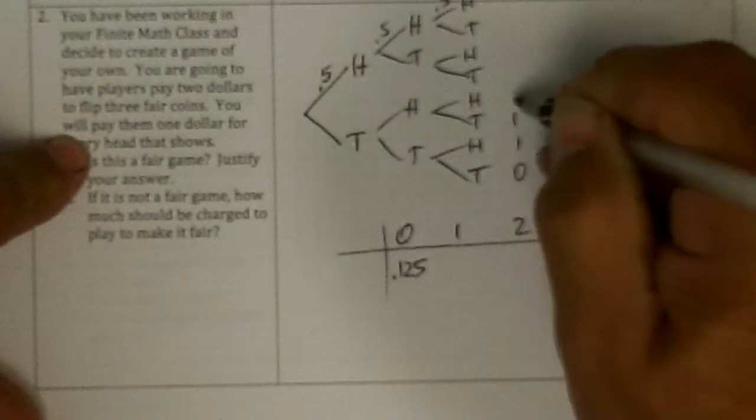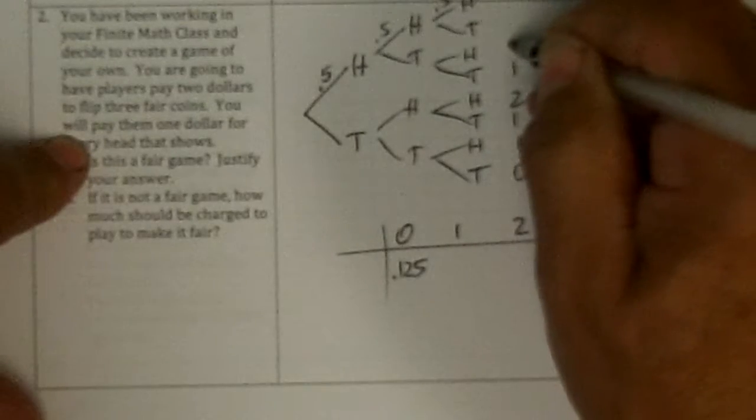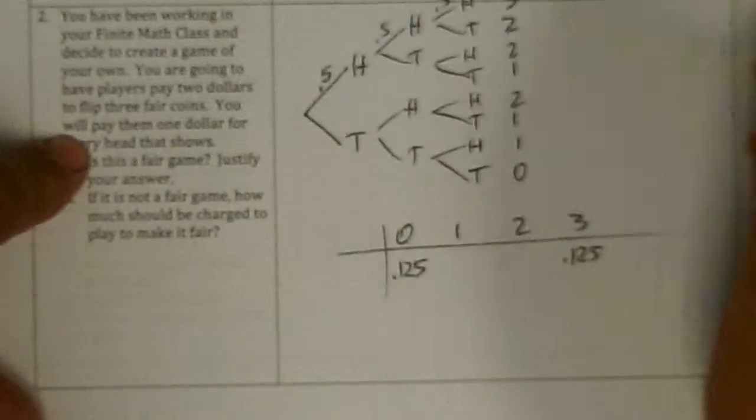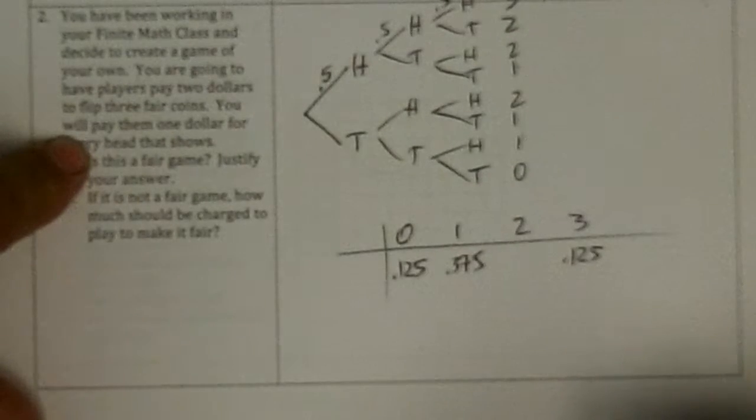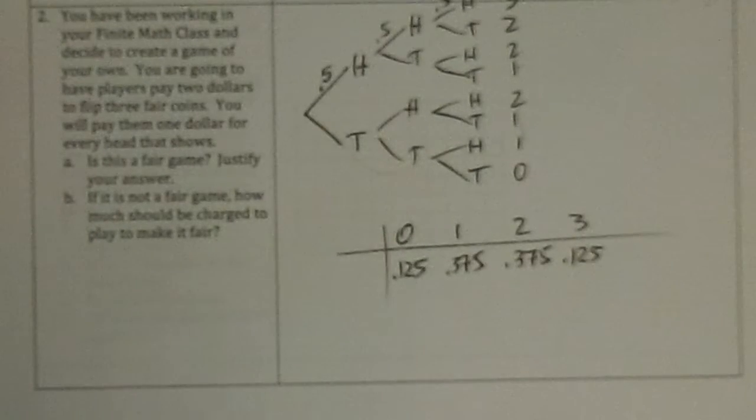There are 3 paths that have 1 head, and each path is 0.5 times 0.5 times 0.5, so we'd have 3 times 0.125, which is 0.375. 2 heads is also 0.375, and there's the probability distribution.